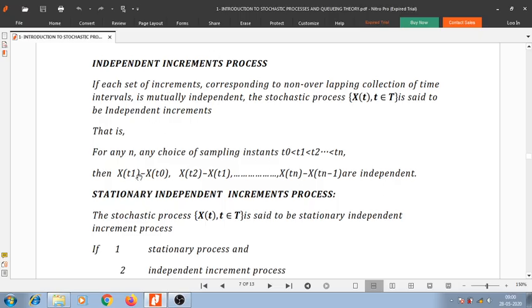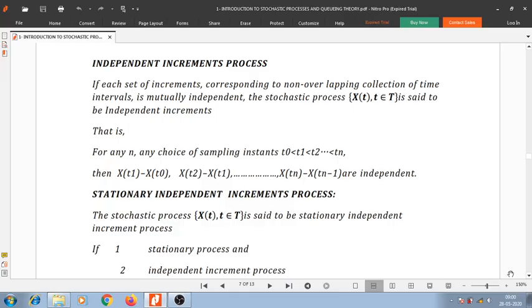X(T1) minus X(T0), X(T2) minus X(T1), etc., X(Tn) minus X(Tn-1) are independent. Okay? Meaning the occurrences of events in any time intervals are independent, very simply.